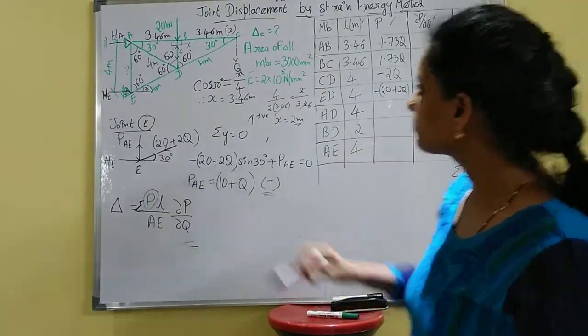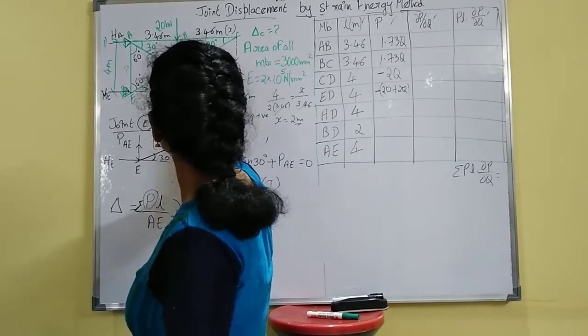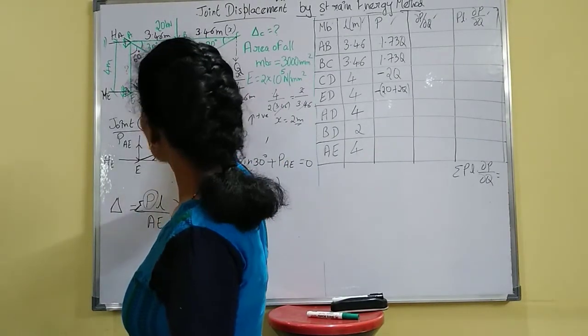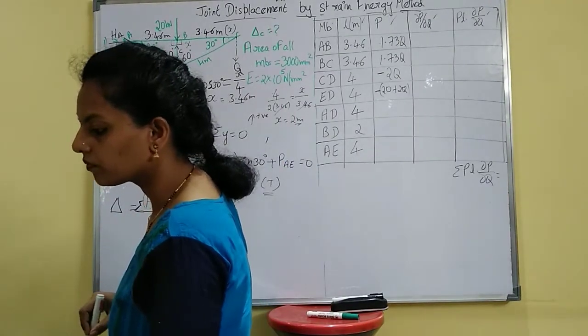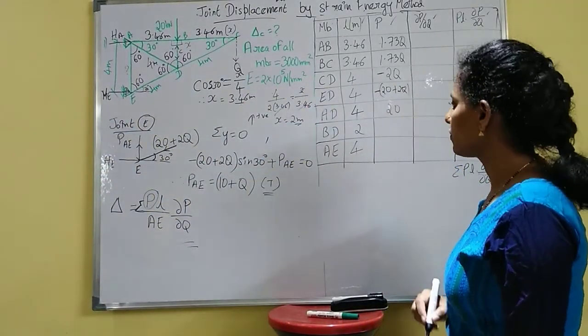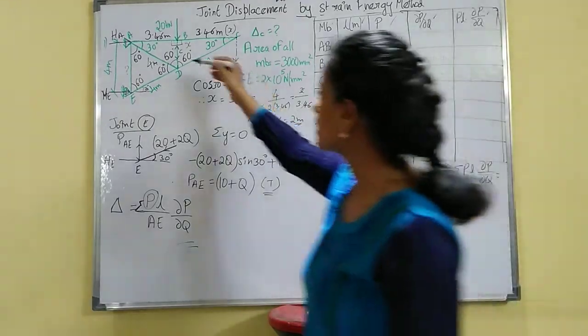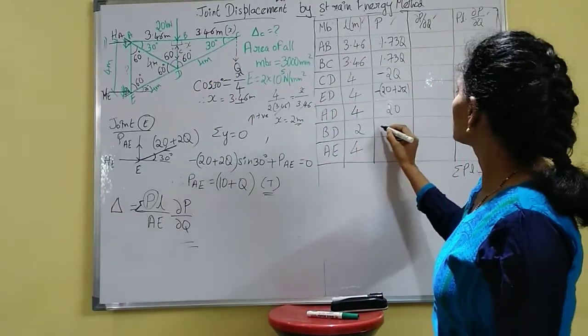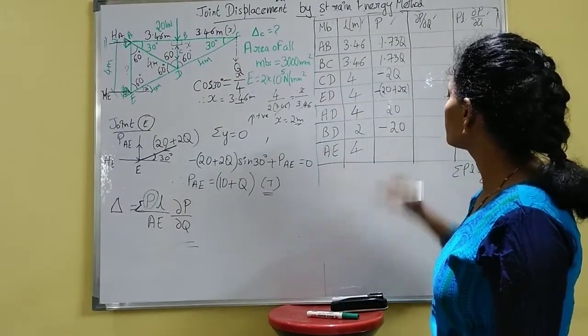Then AD, this member you have tension and value is 20, so plus 20. BD, here it is compression, so it is minus 20.